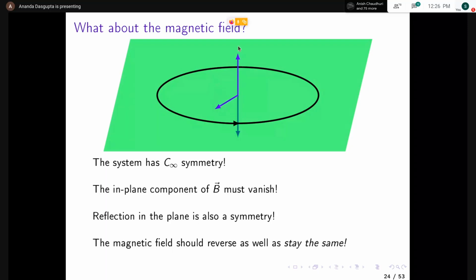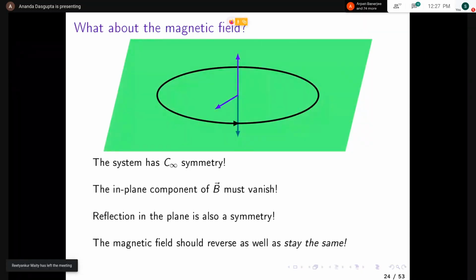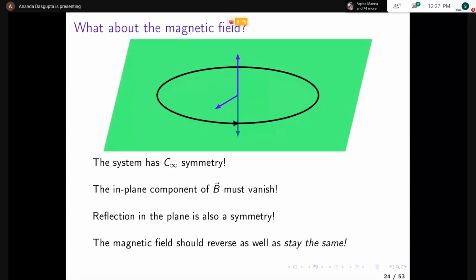All you have is this vertical component, or perpendicular to the plane component. And if you reflect, the perpendicular component should reverse, yet stay the same. So what we have managed to prove is that the magnetic field at the center of a current carrying coil must be 0. And we have proven this using symmetry, which is one thing which we should not really be able to argue against.